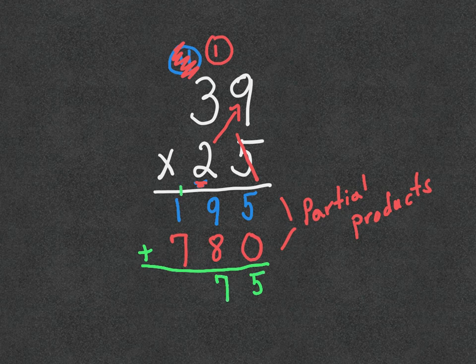Carry the 1. 1 plus 1 is 2. Plus 7 is 9. So we have a product, 975, or the multiple of 25 and 39 is 975. But this is the step-by-step process of doing double digit by double digit.